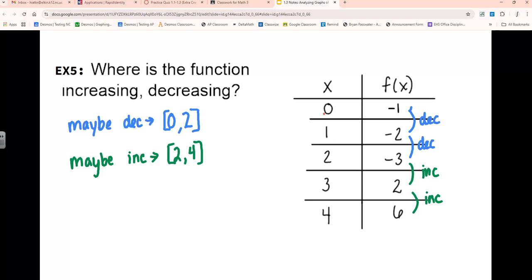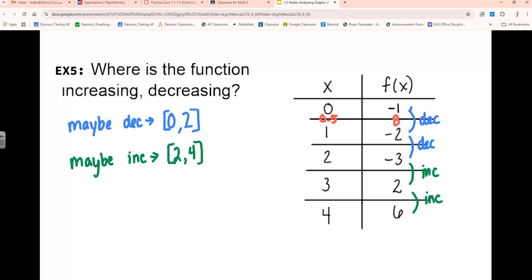Do I know what happens at 0.5? Does it tell me what happens at 0.5? I do not know. It kind of looks like it should be like -1.5 or something like that, right? But could it be 8? There's nothing telling us that it's not, right? It could be this crazy graph that just goes all over the place, right?